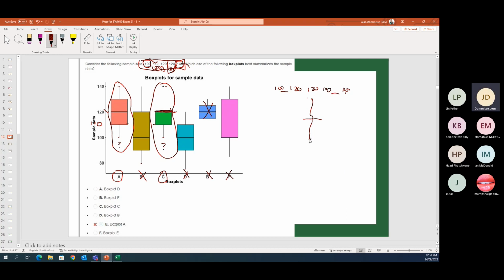That would have been your 100, that your 140, and that your 120, where Q1, Q2, and Q3 lie. So it would have just been one line.